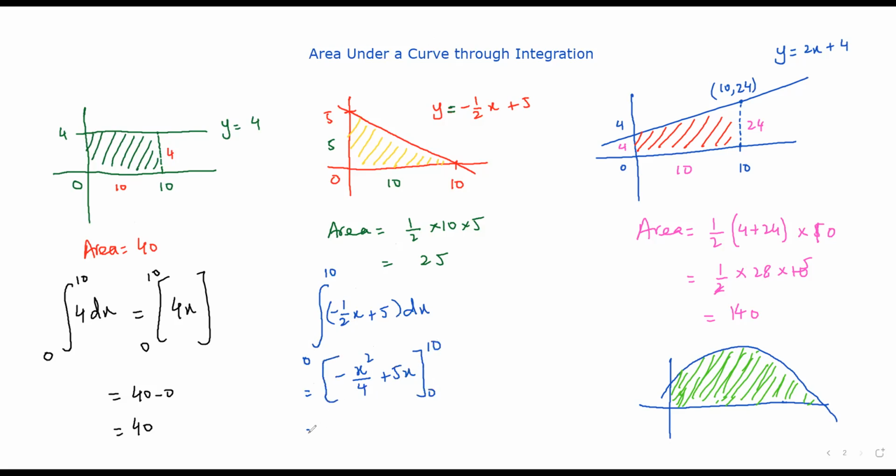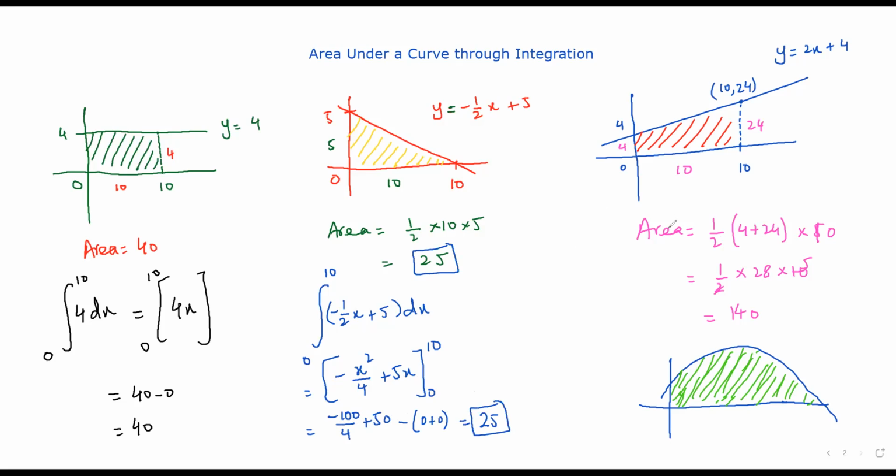Let's apply these limits here. You have minus 100 over 4 plus 50. And then when you put 0, both of them will be 0 plus 0. So you have minus 25 plus 50, and that is going to be equal to 25. You see that this matches with this 25 over here. Isn't it so cool?